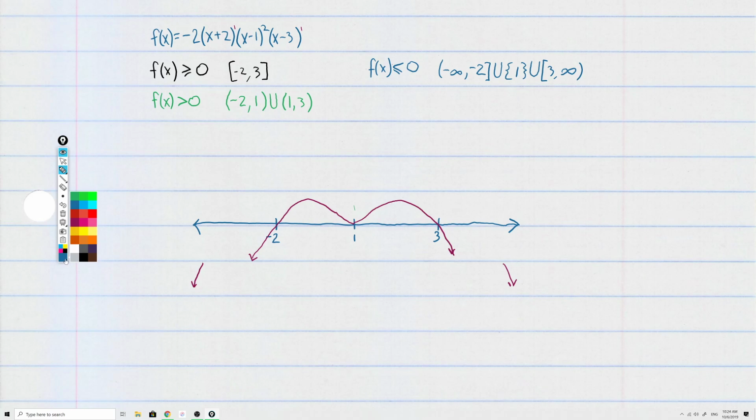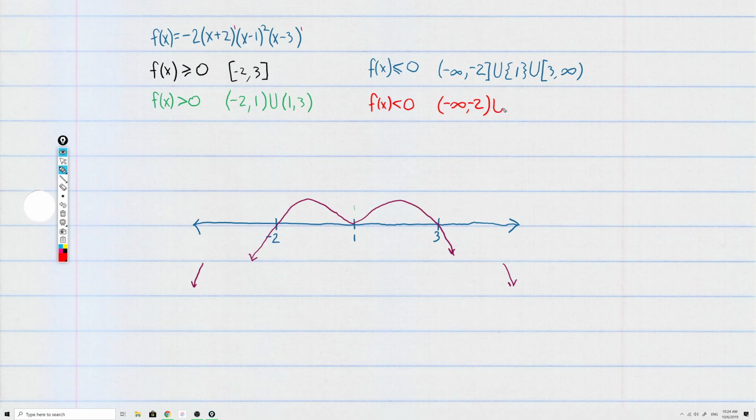Finally, I guess there's one more inequality that we could solve, and that would be when is the function negative? It's going to be similar to this answer, but a little bit easier to write because the function is negative from negative infinity up to negative 2, and we don't want to include negative 2 because the function is equal to 0 there, and we only want where it's negative.